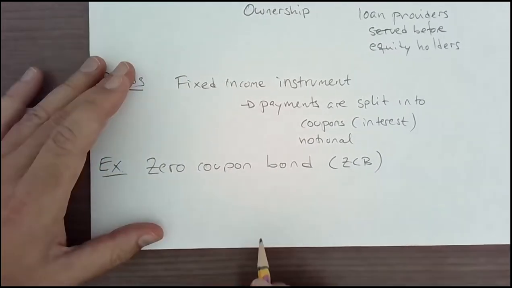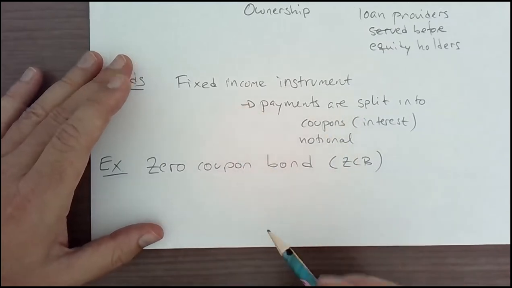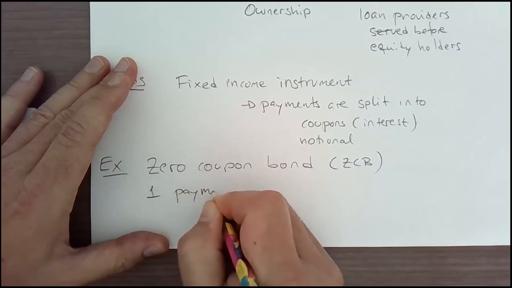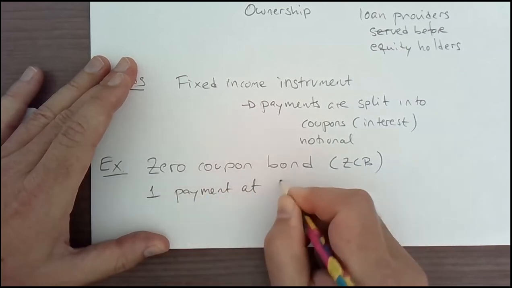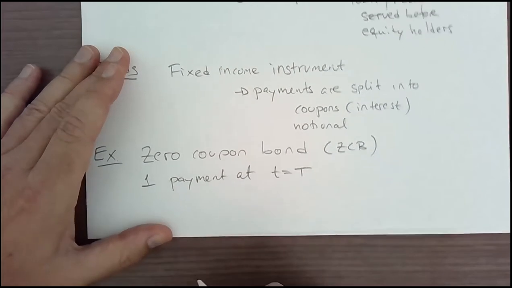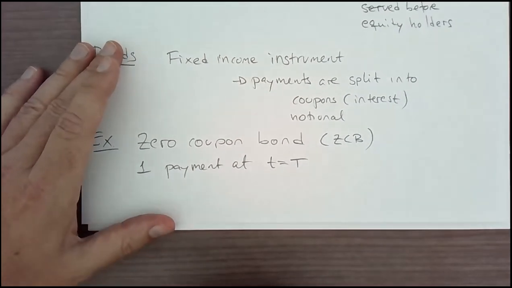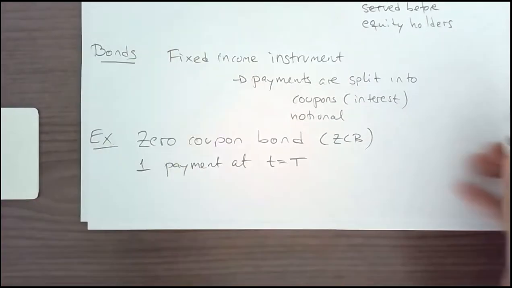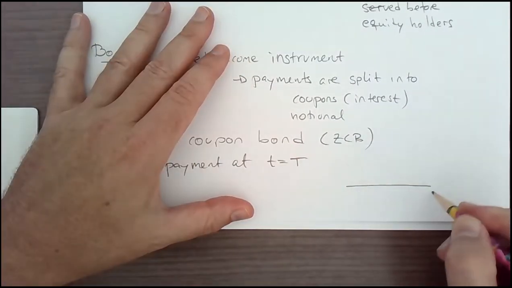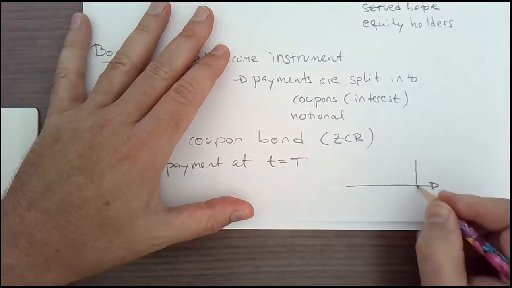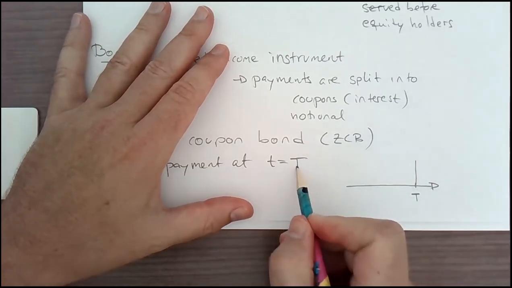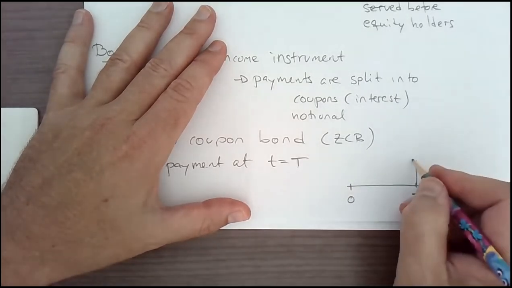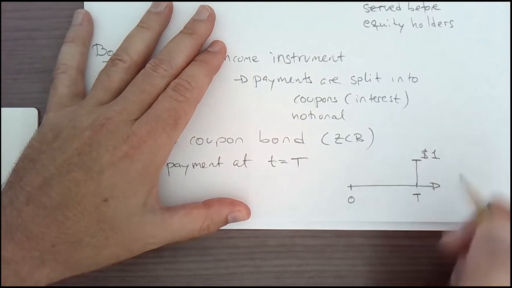And so if you have a zero coupon bond, then there's just one payment at time capital T. So we have a picture that looks like this. Over here at the end is capital T, and today is where we're sitting, at time 0. Over here at the end, there is a $1 payment.